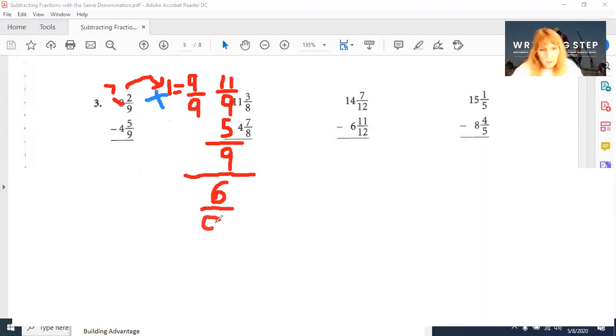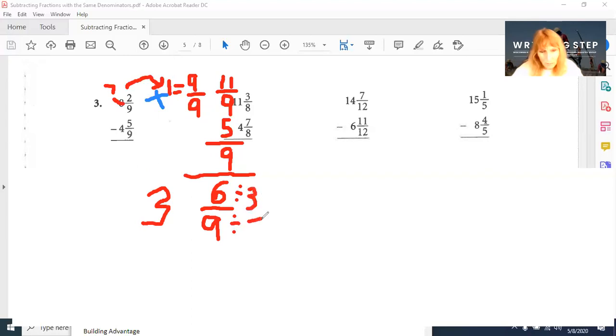And then I have to look at my whole numbers. Don't forget I got them over here yet. 7 minus 4 is 3. So 3 and 6 ninths. But am I finished? No, because I have to reduce the fraction part. So I'm going to divide the top and the bottom by what number? 3. Yes.